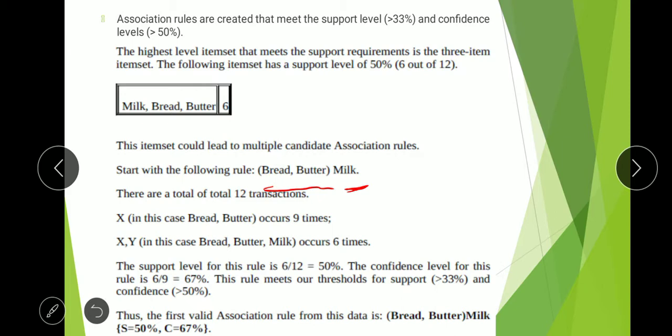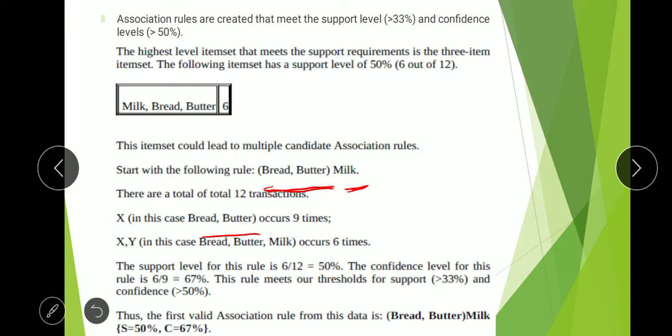There are a total of 12 transactions, right? X in this case is bread, butter. So this first combination is our bread, butter. You cannot have X, Y and Z, okay? We are trying to relate only between X and Y. Therefore, it has to be in a set.